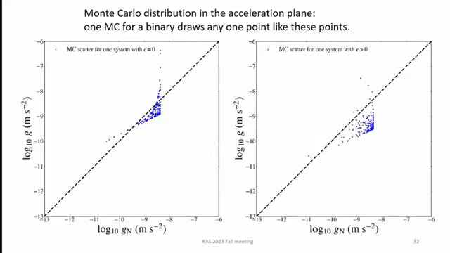Okay, and then this shows the Monte Carlo distribution over one system. So if you do Monte Carlo deprojection, then you will take just one of the data from these possible data.